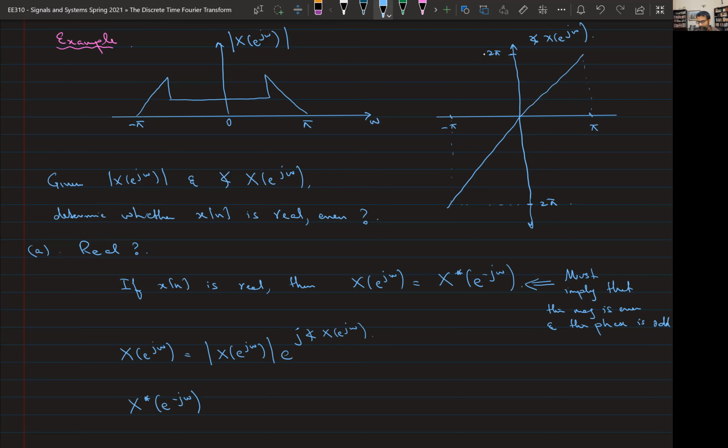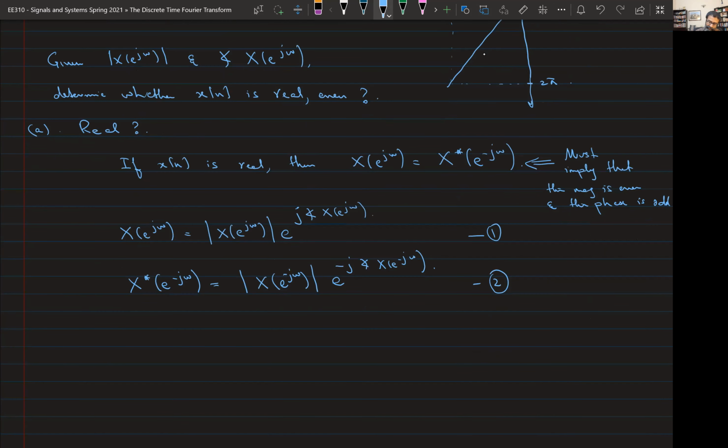What happens there? Conjugation does not change the magnitude. All that changes is the phase, right? So this is e raised by minus j, the phase of x of e raised by minus j omega. If this is 1 and this is 2, and if both of them are the same, you can just compare these two.